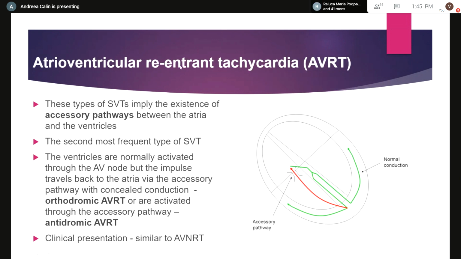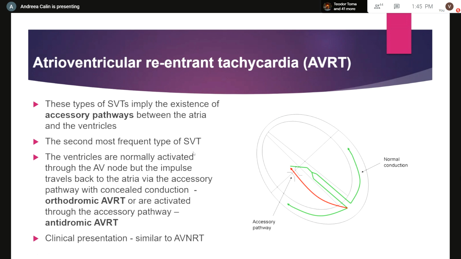In atrioventricular reentrant tachycardia, these types of SVTs imply the existence of accessory pathways that conduct very rapidly between the atria and the ventricles. This is the second most frequent type of SVT.